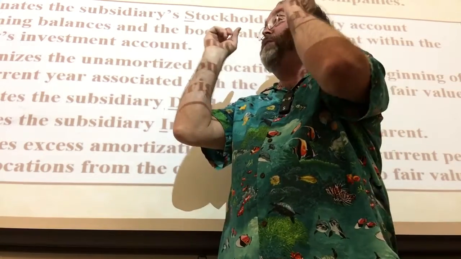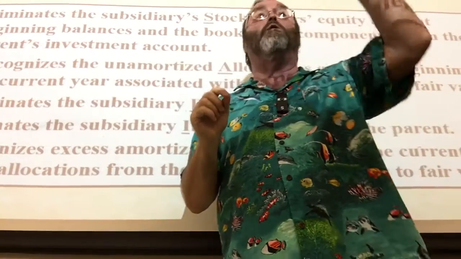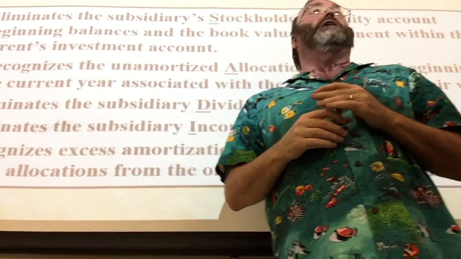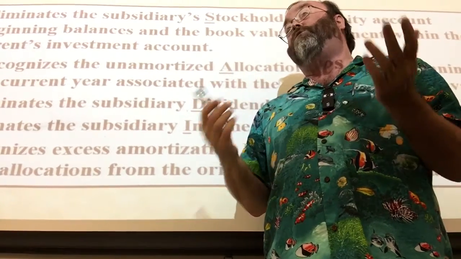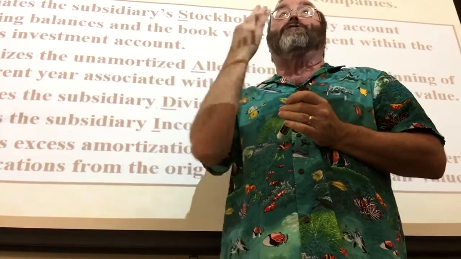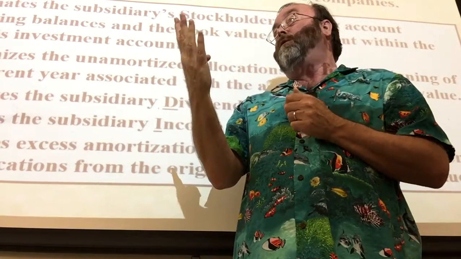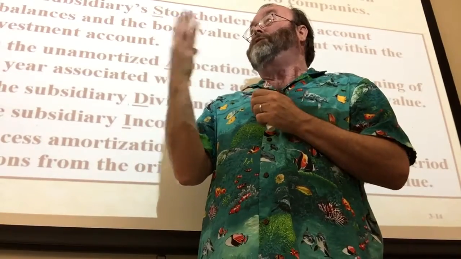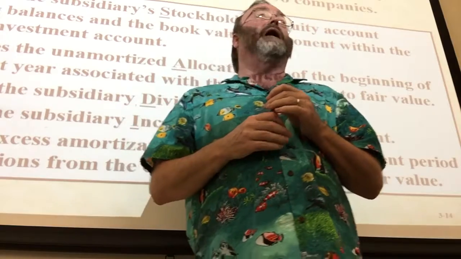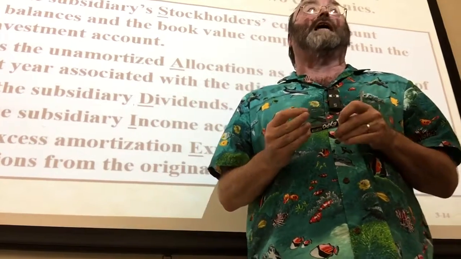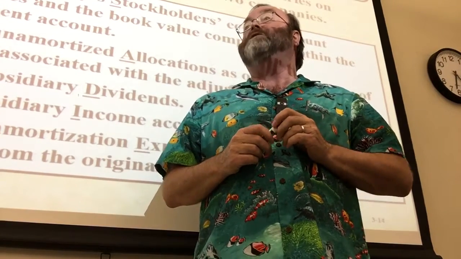So at the end of year 2, your A entry is not going to reduce the fixed assets by $30,000. It's going to reduce it by 24. At the end of year 3, it'll reduce it by 18. Year 4, it'll reduce it by 12. At the end of year 5, you're going to reduce it only by the remaining $6,000 worth of undepreciated tangible fixed assets that you have.